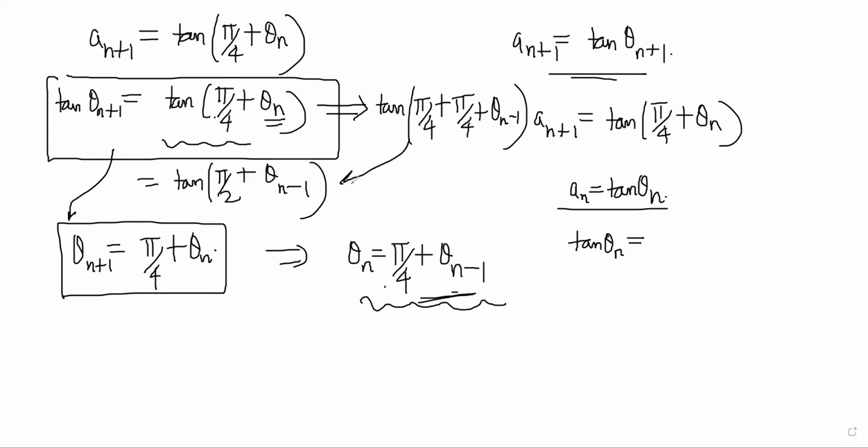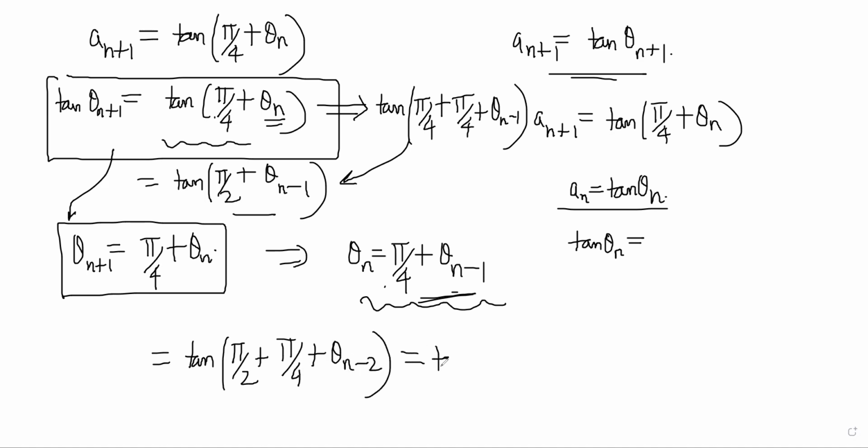So that becomes pi by 2 plus theta n minus 1. And similarly, I can write this as pi by 2 plus pi by 4 plus theta n minus 2. So that will become tan of 3 pi by 4 plus theta n minus 2, right? So on, you can keep doing this process, writing theta n minus 2 as pi by 4 plus theta n minus 3 and so on.